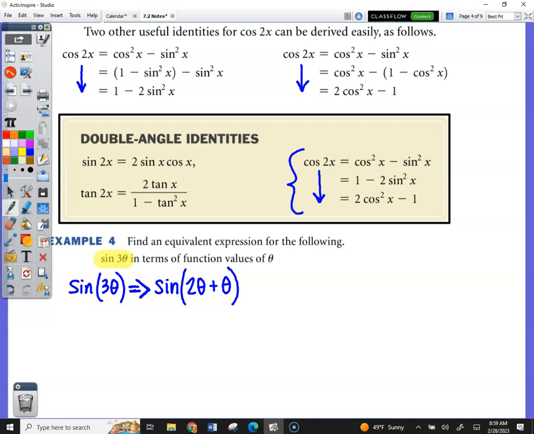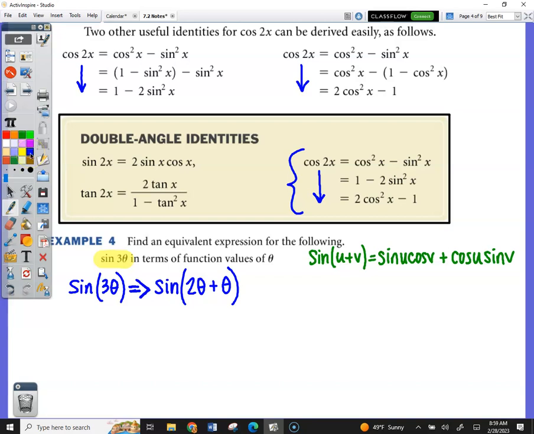The sine sum formula from 7-1, I'm going to write it right here. Sine of u plus v is what? Sine u cosine v plus... Okay. Alright, so that's our 7-1 formula.